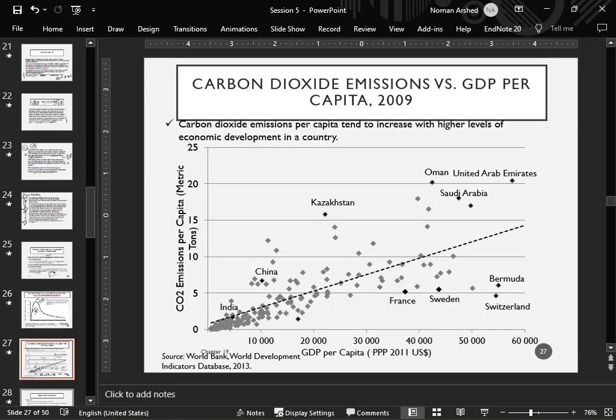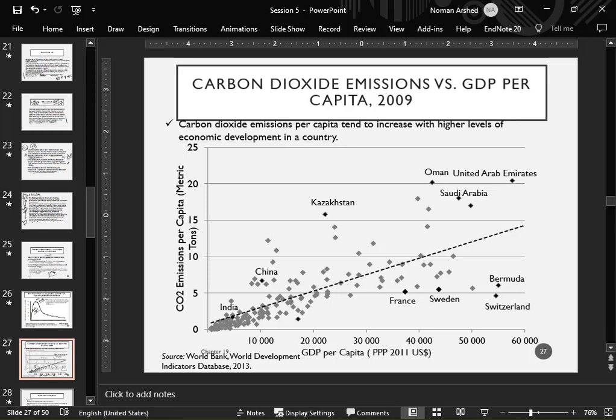And another study in 2009 compared CO2 emission with GDP per capita. When we plot a scatter plot and create a straight line, there are a few countries almost on the line, like India, China, Kazakhstan, Saudi Arabia, United Emirates, and Oman. And there are a few countries below the line, like France, Sweden, Bermuda, and Switzerland. So what does it talk about?